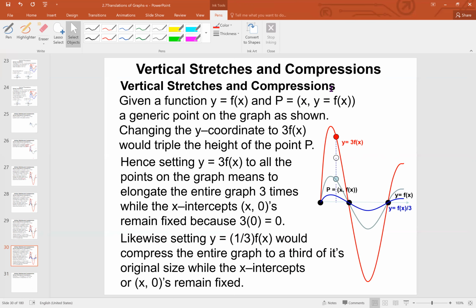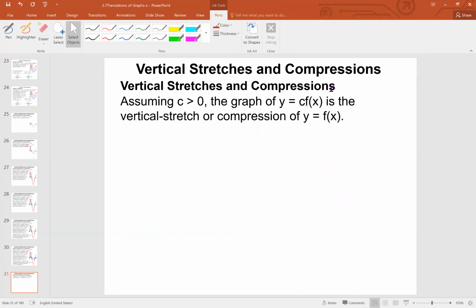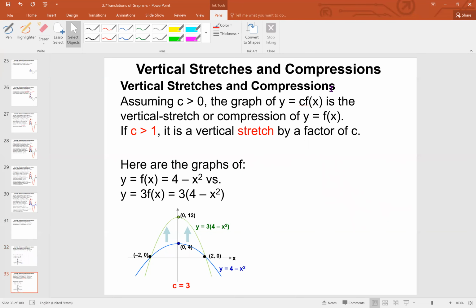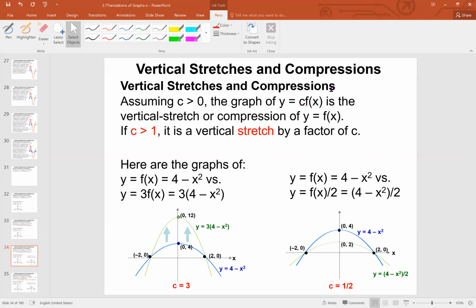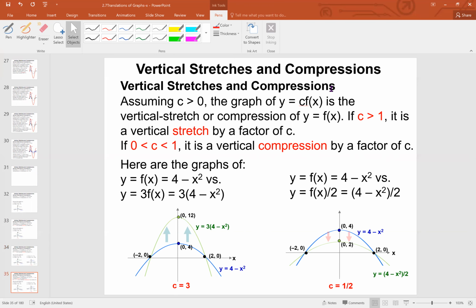This is changing the vertical compression ratio, if you like. Here's a summary for it, so you can read through. If you multiply by a number more than 1, you're stretching it. If you multiply by a number less than 1, you are compressing it.